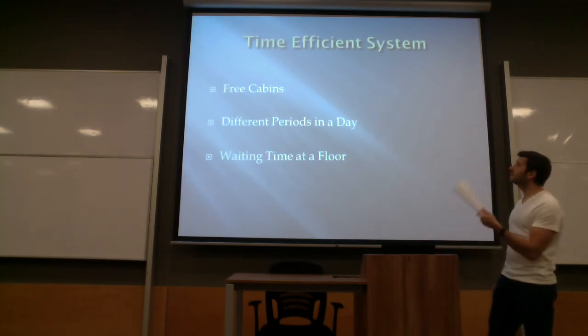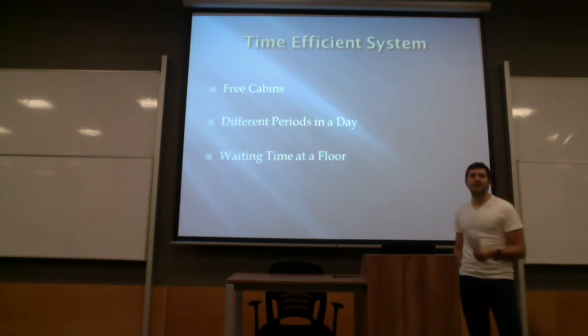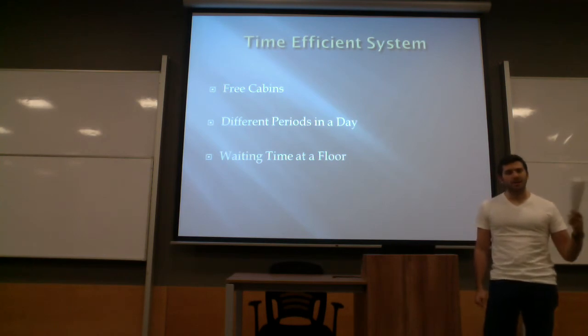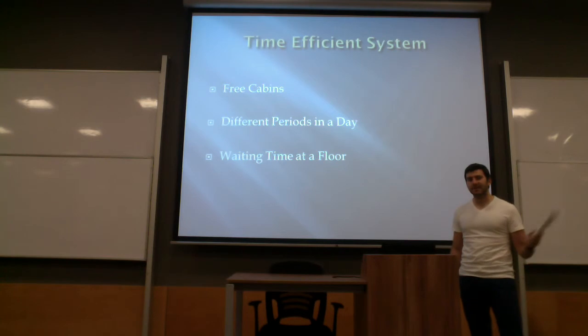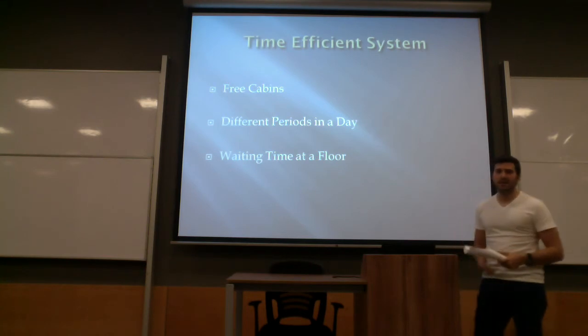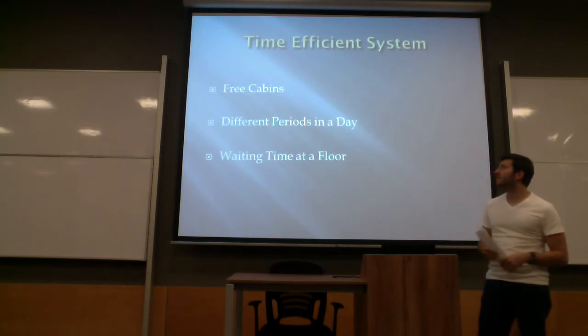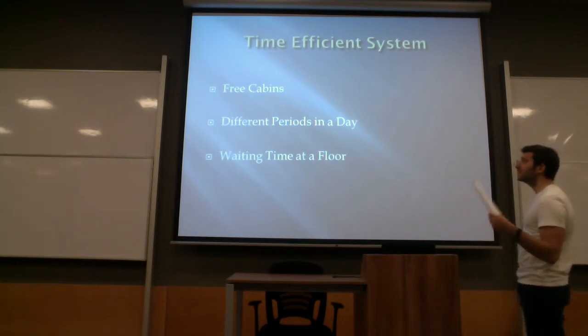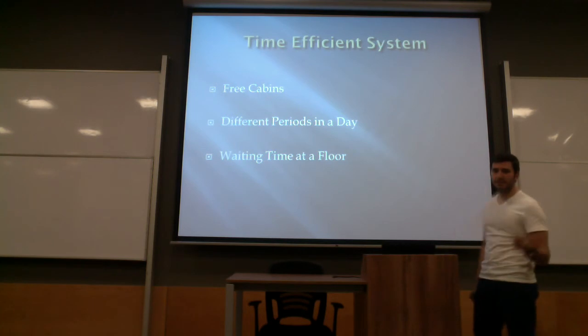Another specialty is that, for example, usually people go to work early in the morning. From 7 a.m. to 9 a.m., the cabins will stay at the upper floors because people will go down from upstairs.